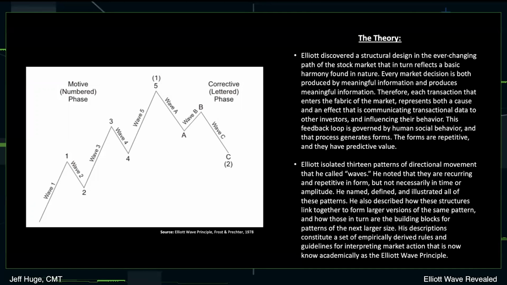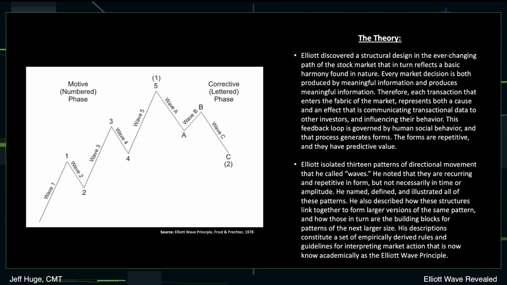What Elliott then went on to do is to isolate 13 very specific patterns of directional movement that he called waves. And he noted that they are recurring and repetitive in form, but not necessarily in time or amplitude.